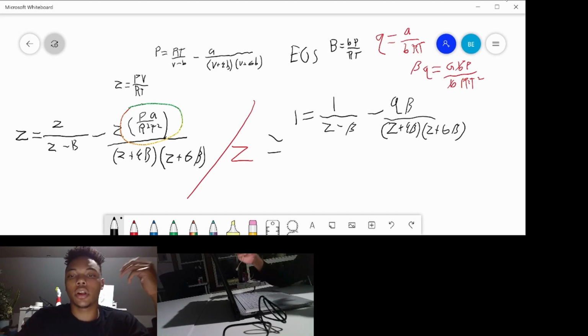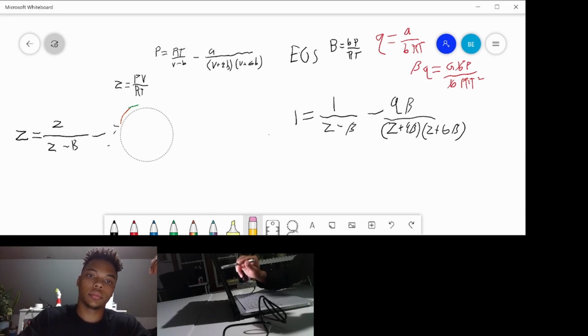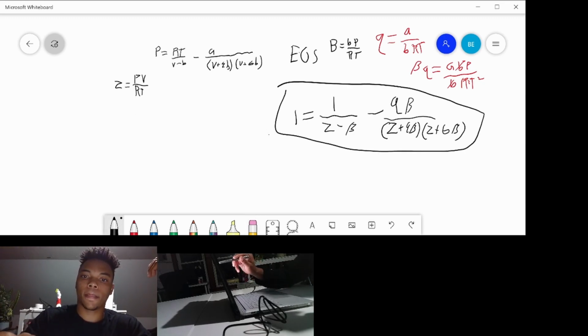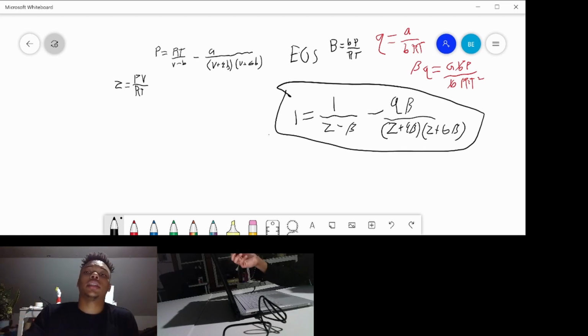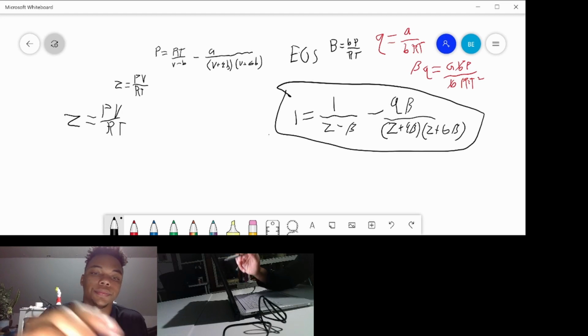So once we have our compressibility factor, let me clear the screen so you can see what it is clearly. We will be able to use this for our equation. And it might not seem like it, but we know that it's equal to 1. And if we find our compressibility factor, we know that Z is equal to PV over RT.